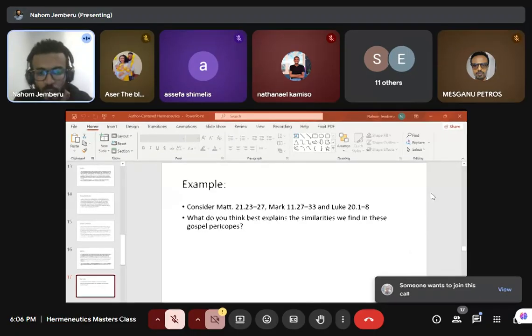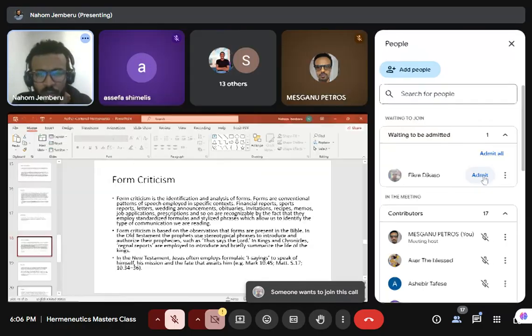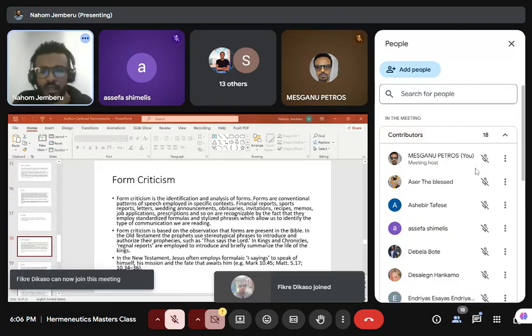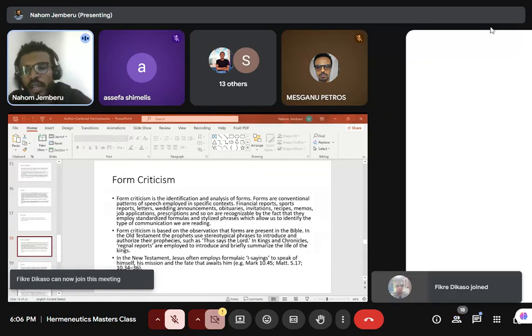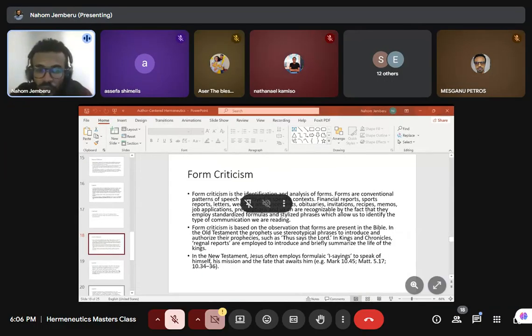Okay, third one is what we call form criticism. Form criticism is the identification and analysis of forms. Forms are conventional patterns that are employed in a specific context. For example, think of financial reports. Financial reports tend to follow the same pattern.